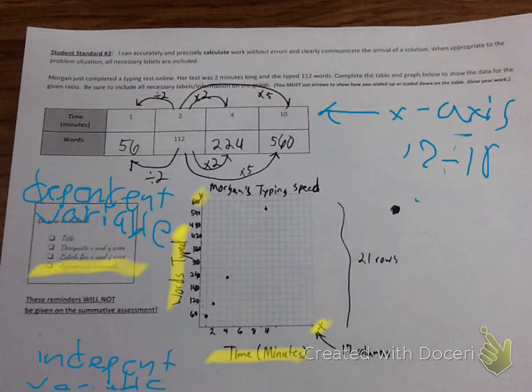So for every minute, I could have 1 7/10 of a line. But that's going to be tough for people to visualize.